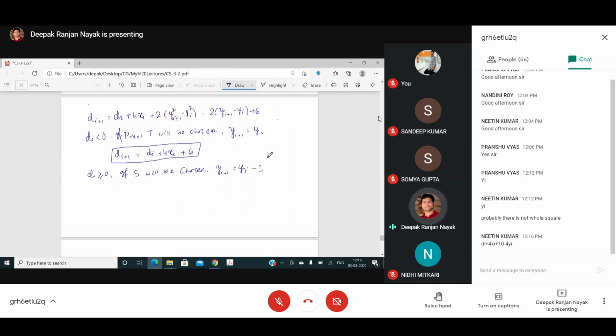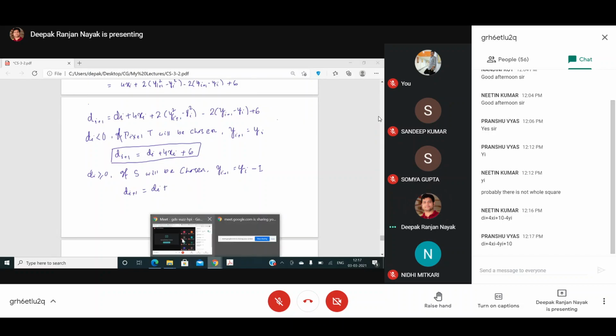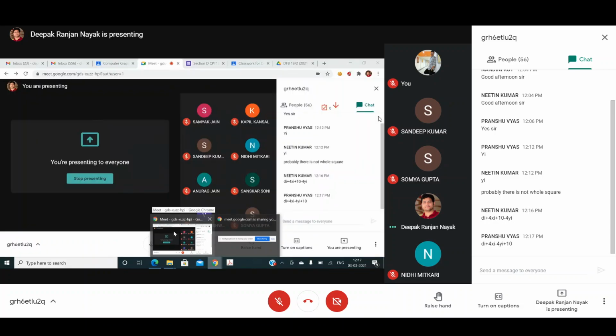So what will be the final equation here? What will be the final equation for d of i plus 1 is equal to di plus 4xi minus 4yi plus 10.